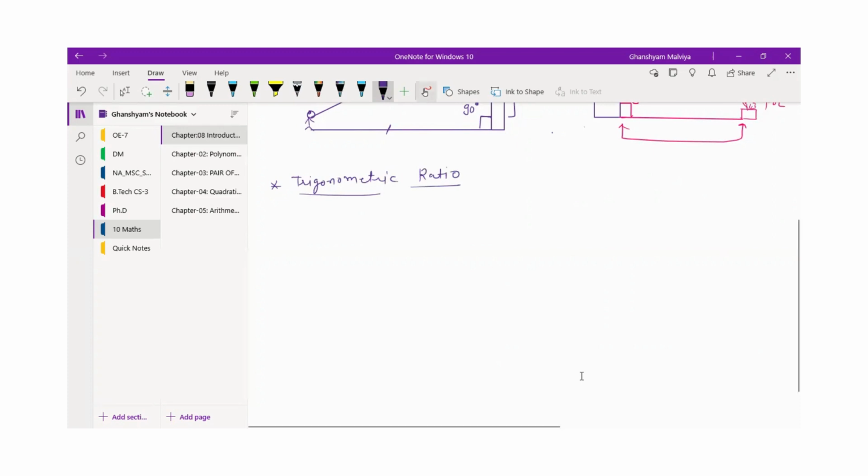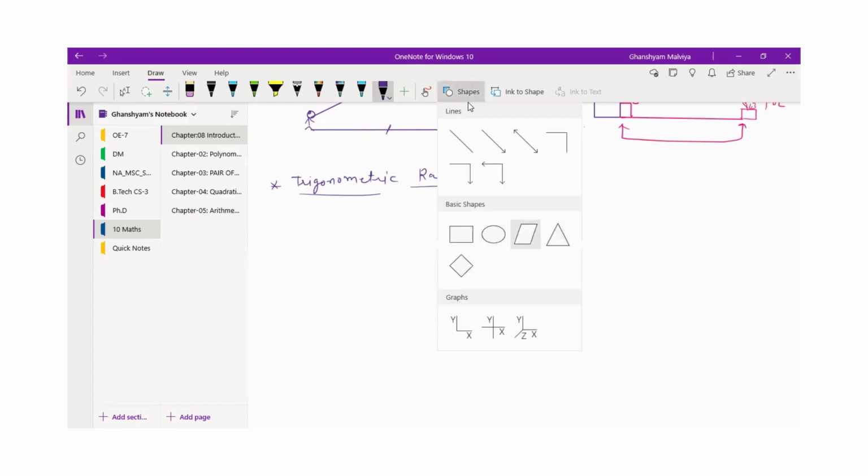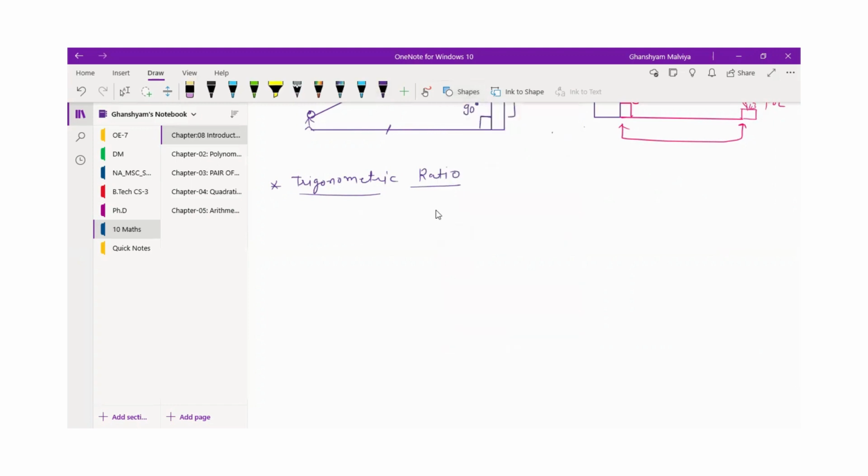Suppose we have a triangle like this one.